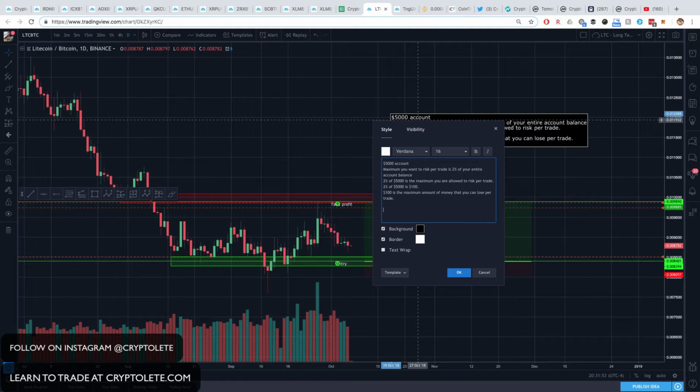So what you should do is create an amount that you want to trade with per trade. That could be $500, that could be $1,000, or it could be half of your portfolio. It could be $2,500, or it could be the whole thing. It doesn't really matter.